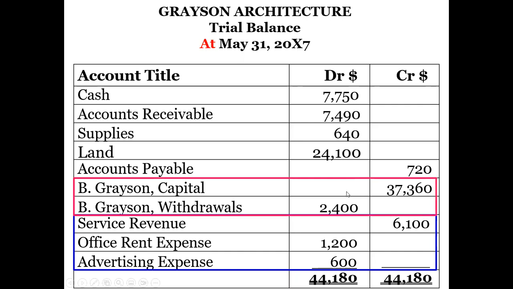Those going to go to the statement of owner's equity. After we do the statement of owner's equity, the next thing for us to do is our balance sheet. So those in green, going to the balance sheet. Yes?